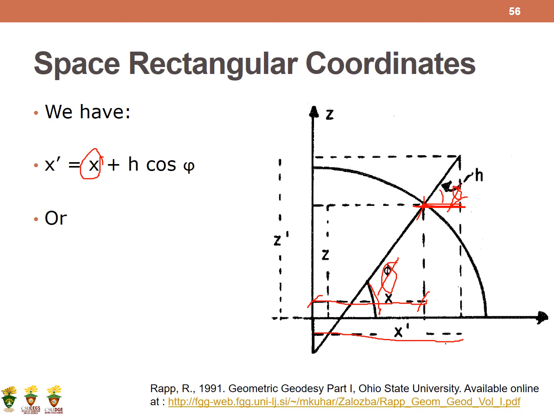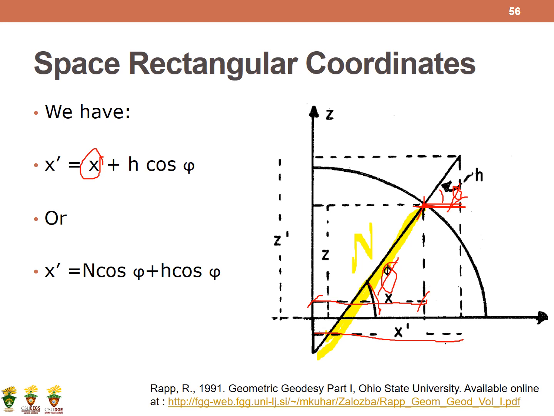Next, since n is from this one, using the highlighter, n goes from here to there.